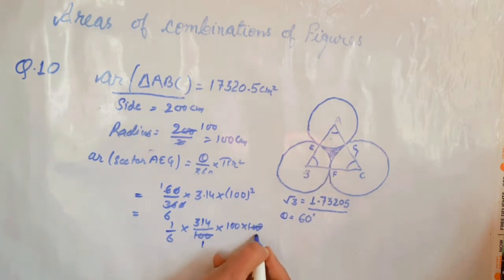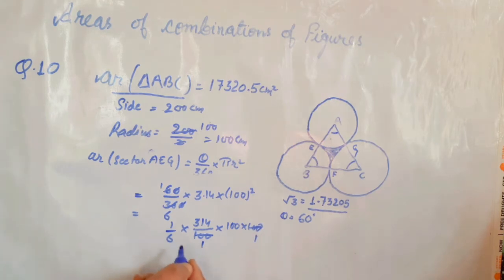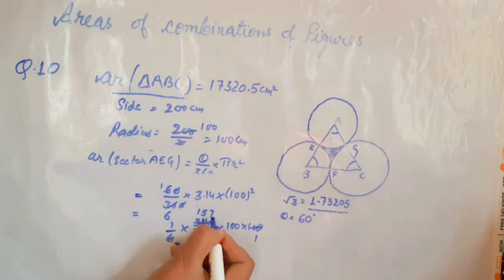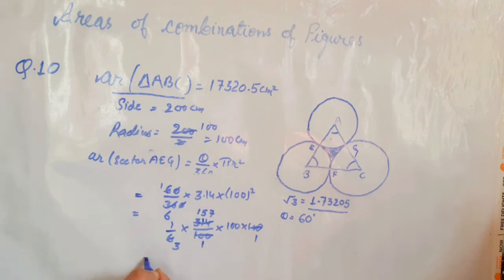Then 2 3s are 6, 2 1s are 2, 5s are 10, and 7s are 14. So this will be equals to 15700 upon 3 centimeter square.